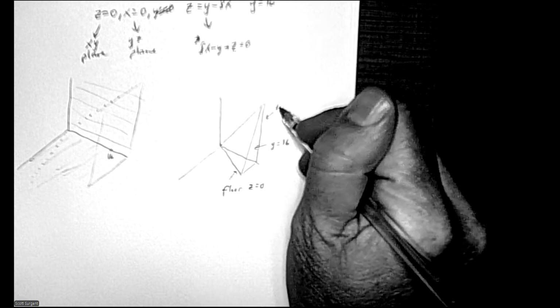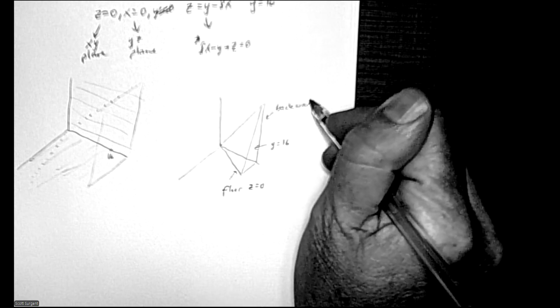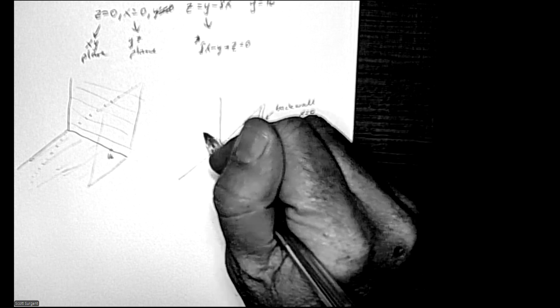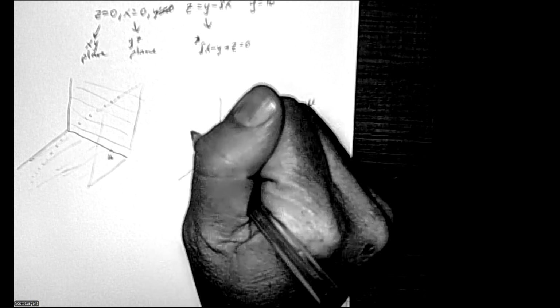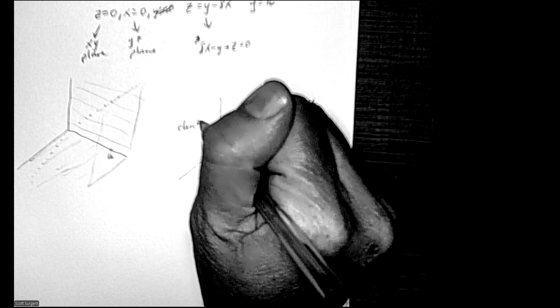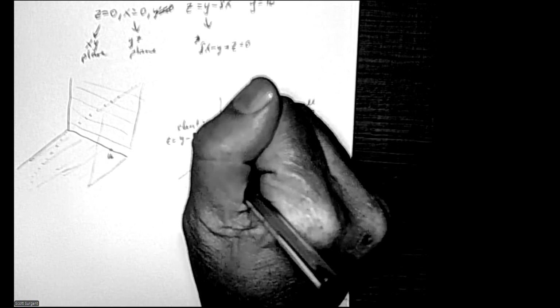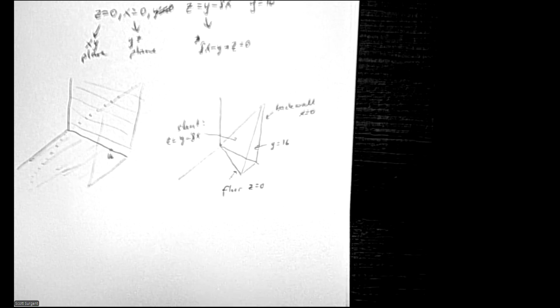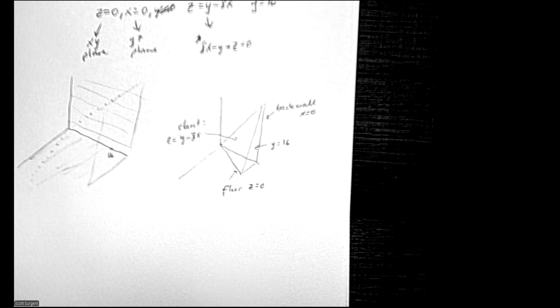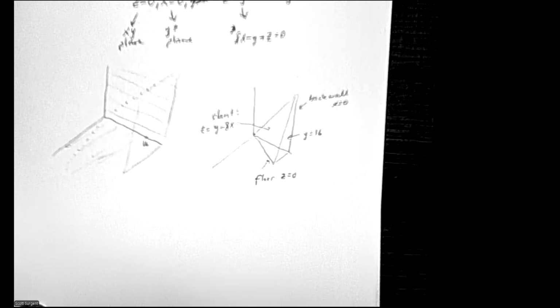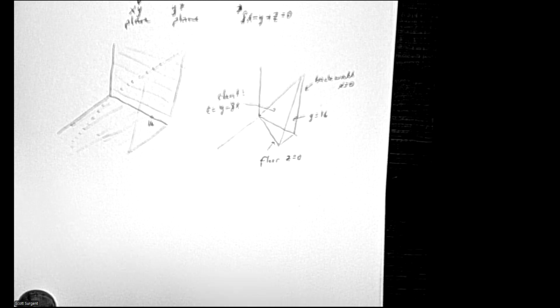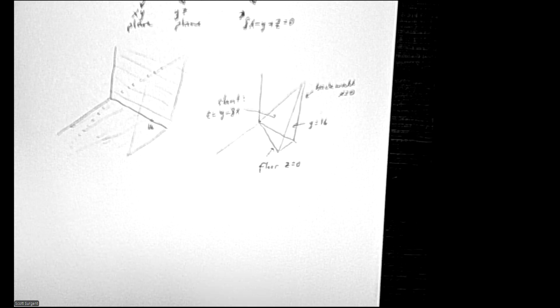We have the back wall, which is x equals 0. And then we have this front slanting plane, which is this guy right here, z equals y minus 8x. Boy, that was tough to see, but now that I see it, okay.